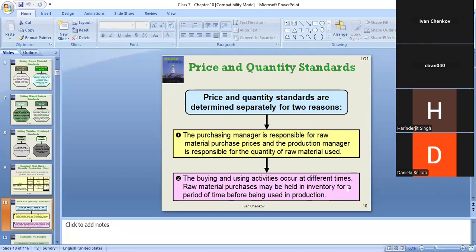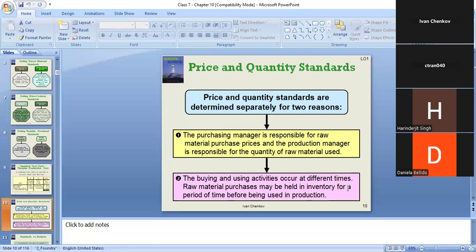Also, the other reason is that buying and using materials happen at different times. Simple example is if you need milk, you're gonna go to Costco, you're gonna buy, let's say, 4 liters of milk. But now, once you have 4 liters of milk, you're not gonna drink it right away.